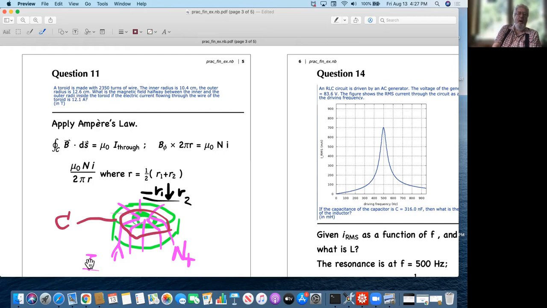There's a current i for each wire, and there are n turns of wire, so it'll be n times i. And now you're supposed to calculate B. So B is mu naught N i divided by 2 pi r, and r is 1/2 of R1 plus R2, halfway between the inner and the outer radius. So this is a case where you have to know how to calculate a magnetic field when you're given a current.